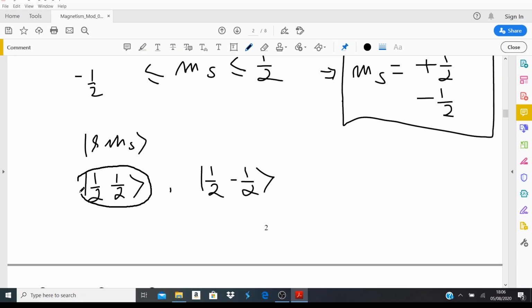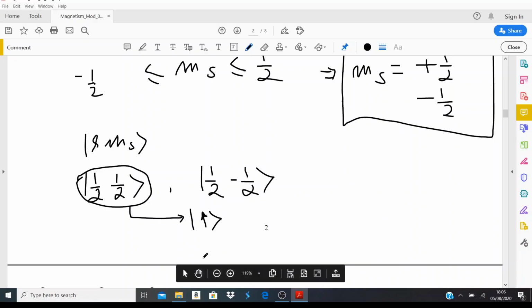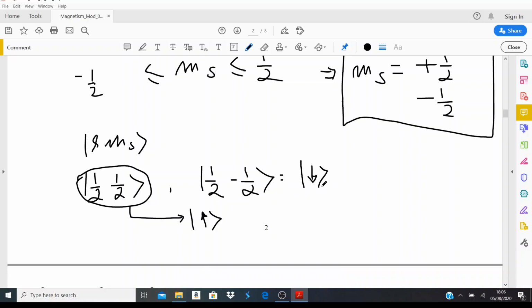This state is usually denoted by spin up in different textbooks, and this state is usually denoted by spin down. It's easier to write it this way: a ket with an arrow pointing down, and this one with an arrow pointing up, right?